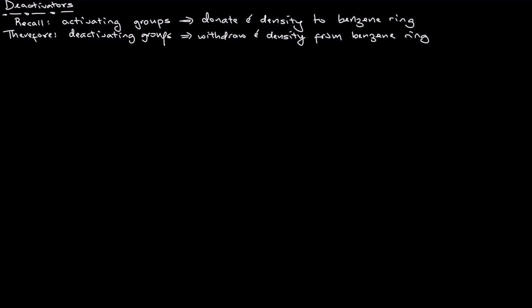On the other hand, a deactivating group, or a deactivator, would withdraw electron density from that benzene ring, which would then make it more electron poor, and therefore it will be less reactive towards electrophilic aromatic substitutions. For example, consider nitrobenzene and consider the nitration of nitrobenzene.